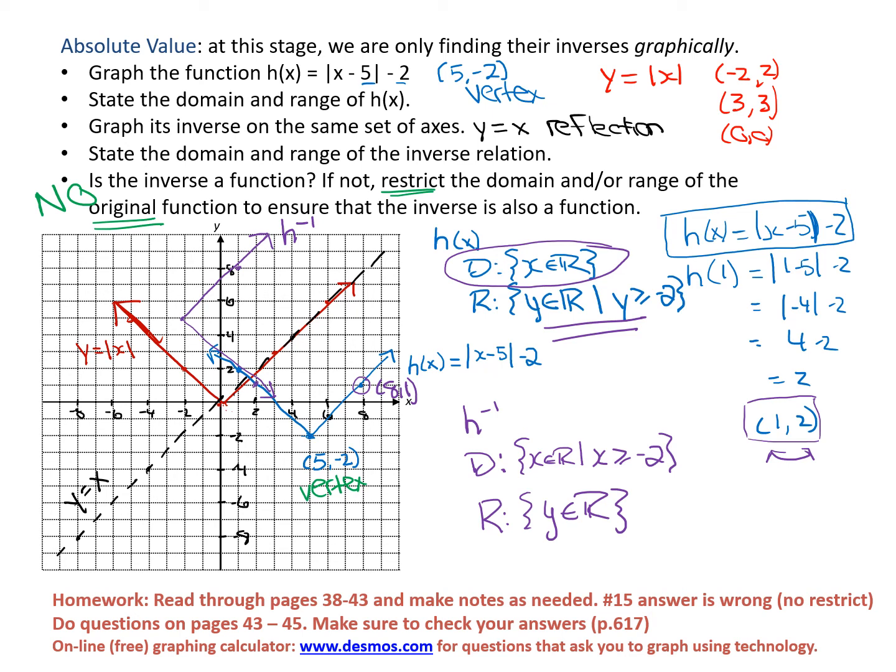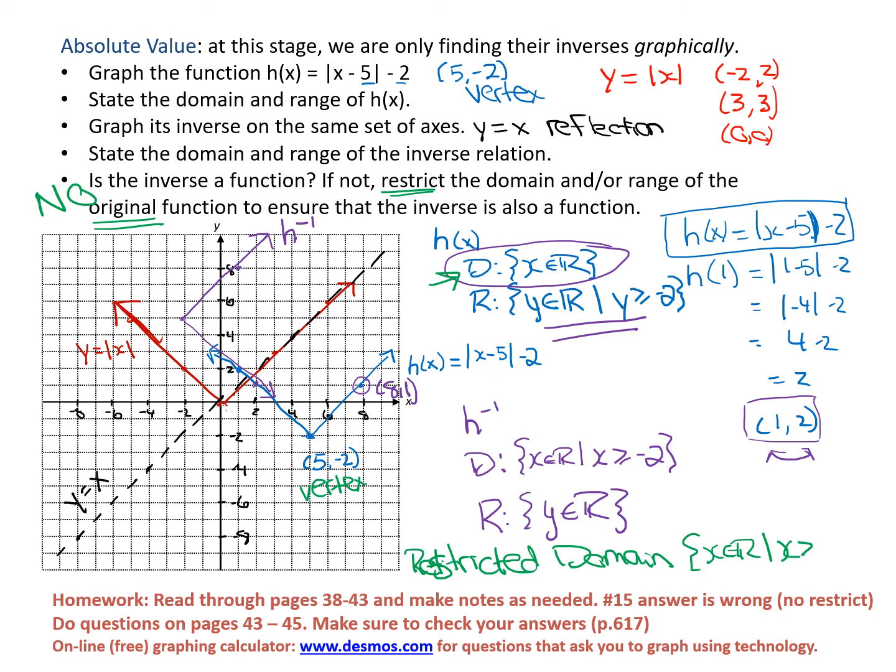So I'm now going to change my restricted domain from the original, always going back up to the original. It is now x is an element of real numbers such that I'm only going to take the right side.